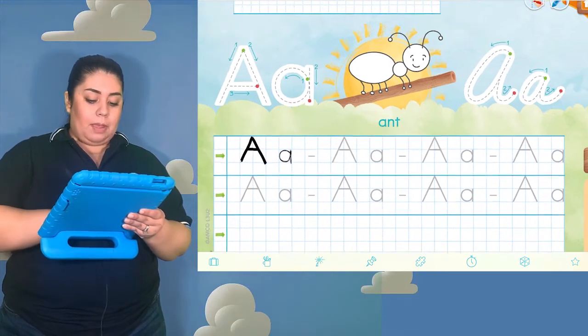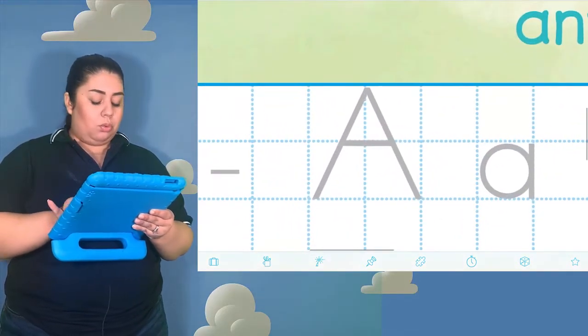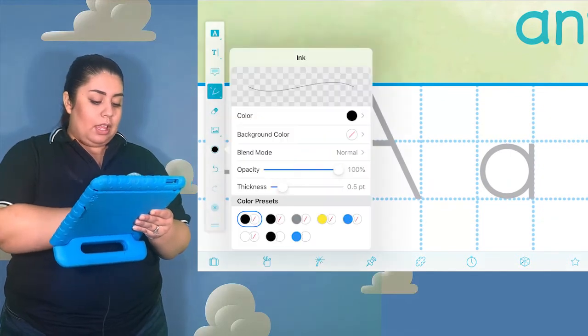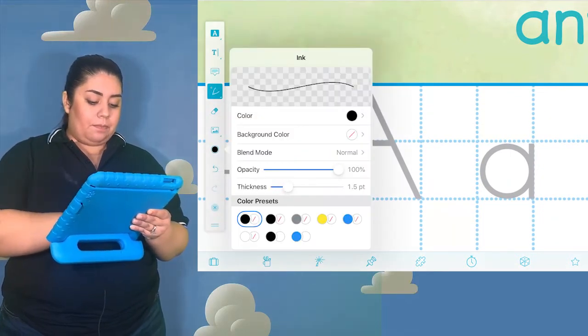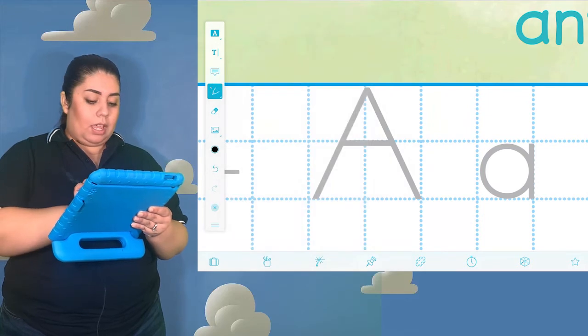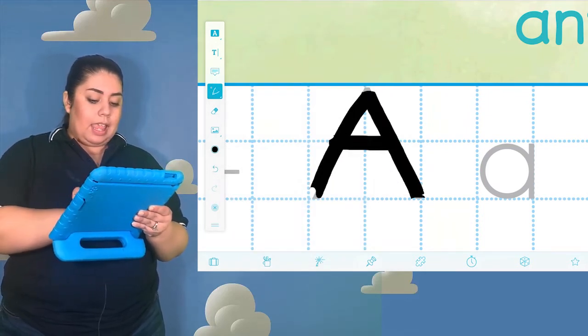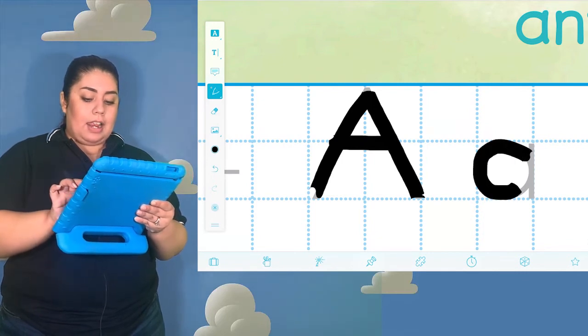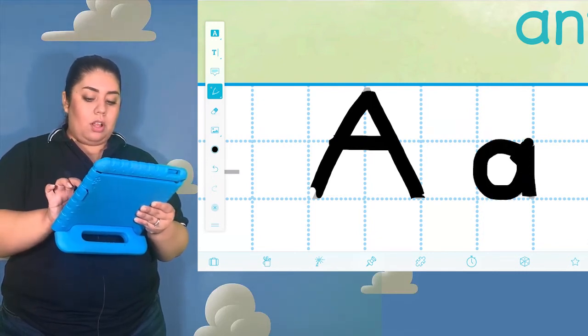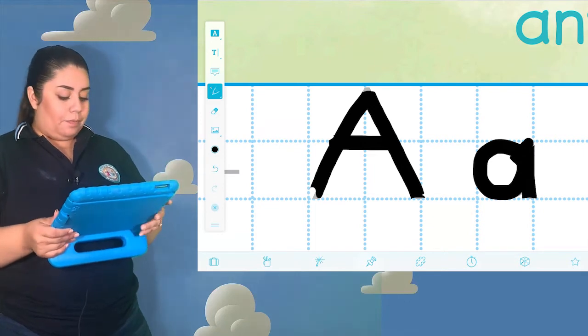One more time, I'm going to zoom in so you will see the 4 squares. Letter A. Okay, 4 squares only, like this. A, and then the small one, circle and line.